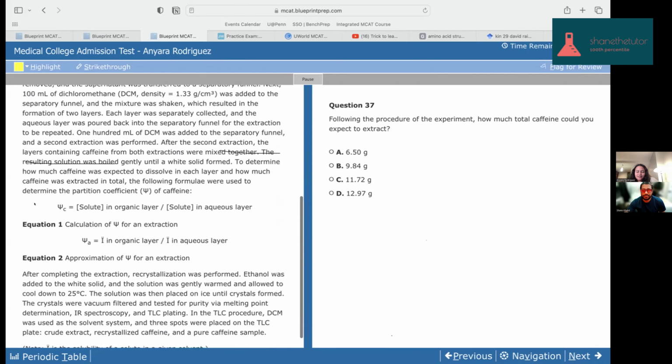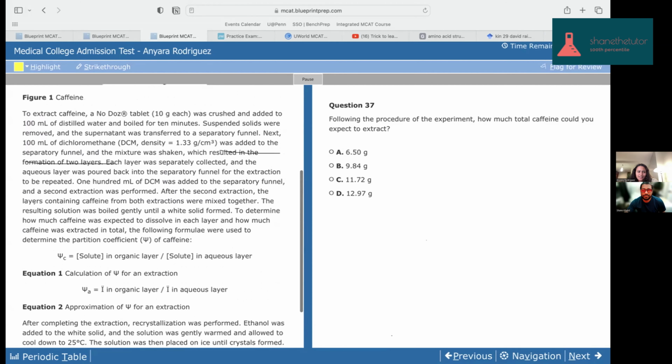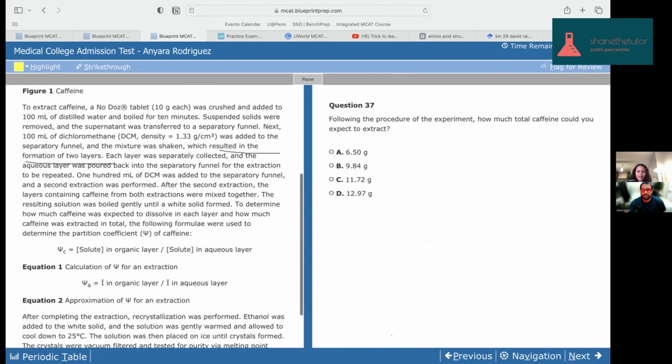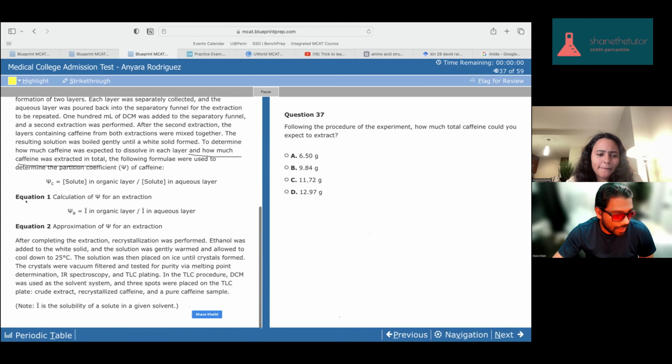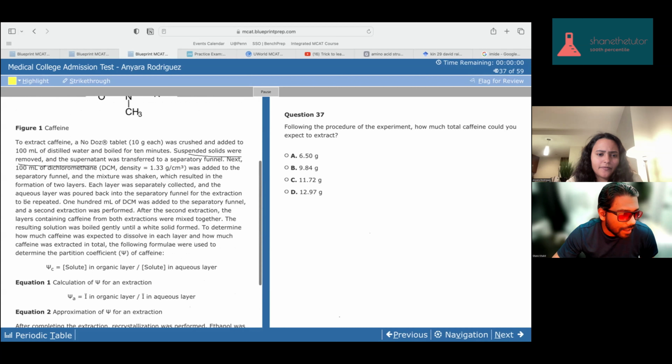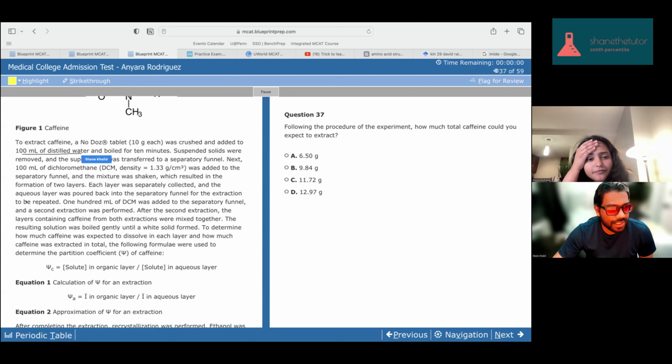I guess it's just the amount of solvent probably. So if we look here, what we're doing is using 100 mLs of water and 100 ml of DCM, right?